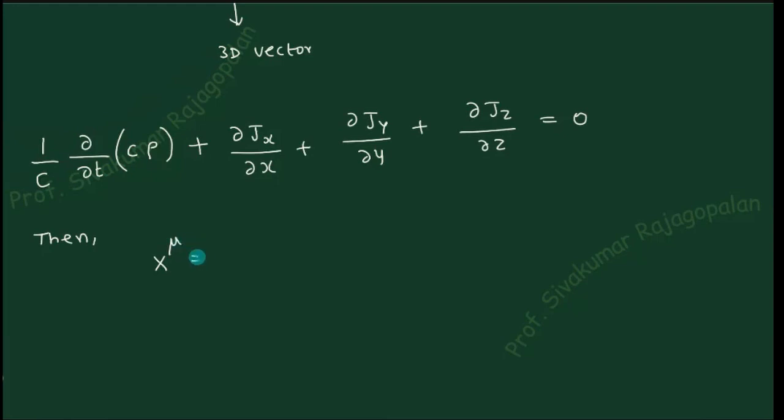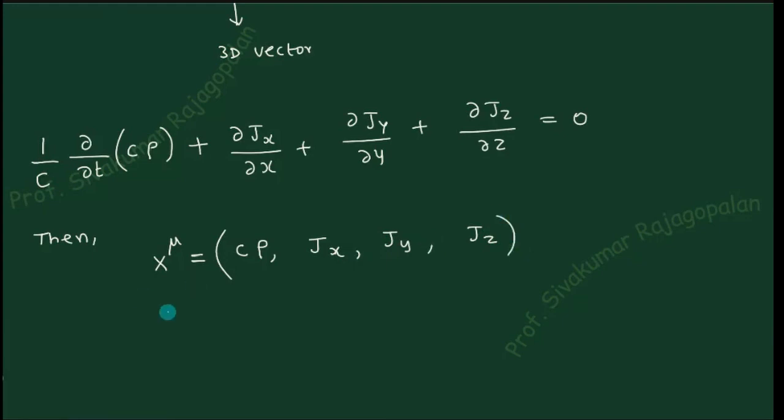Therefore, x mu will be equal to, so 0th component means the one with reference to the time. That means the one with reference to the speed of light. These things will come in the 0th component. The first 3 elements after that will be the standard 3-dimensional vector, namely the current density jx, jy, jz. And that's all.